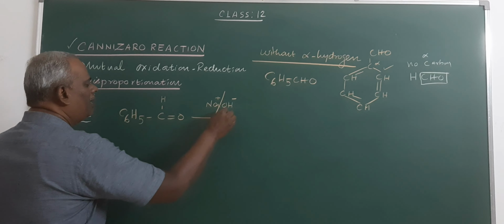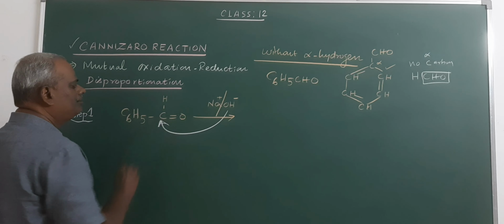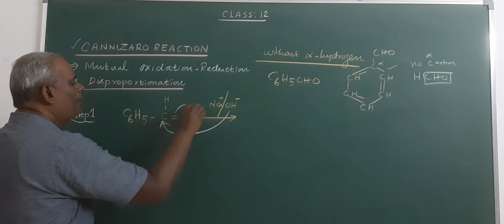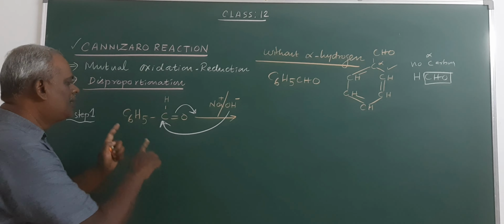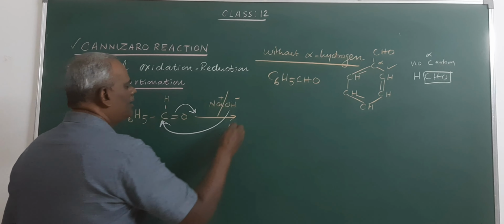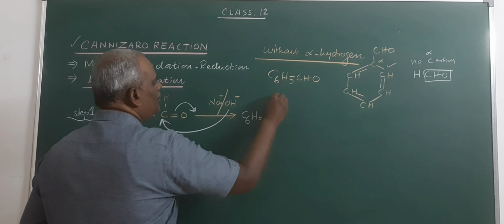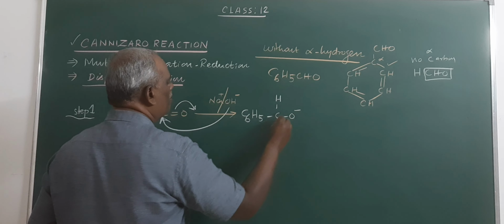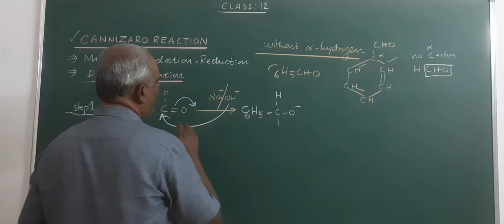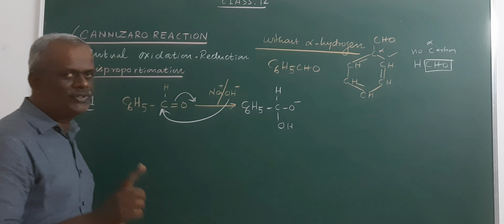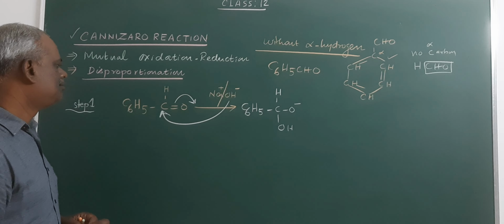So OH minus is attacking this carbon. The nearby bond is breaking up and oxygen carries minus. Execute the change and find the product. This is the product obtained, C6H5 CH, it becomes O minus, and here I can write OH. This is the first step we should take.